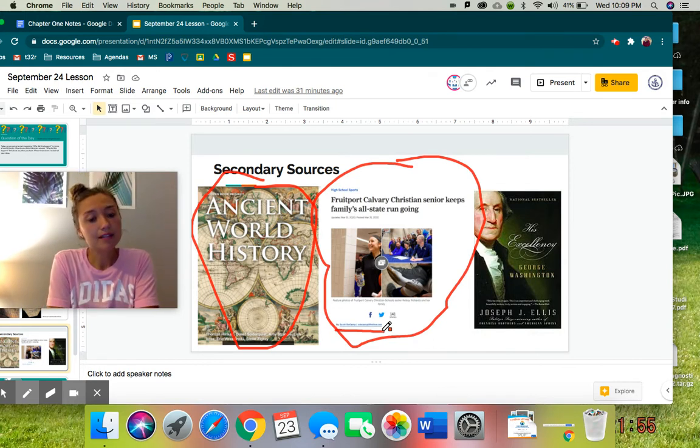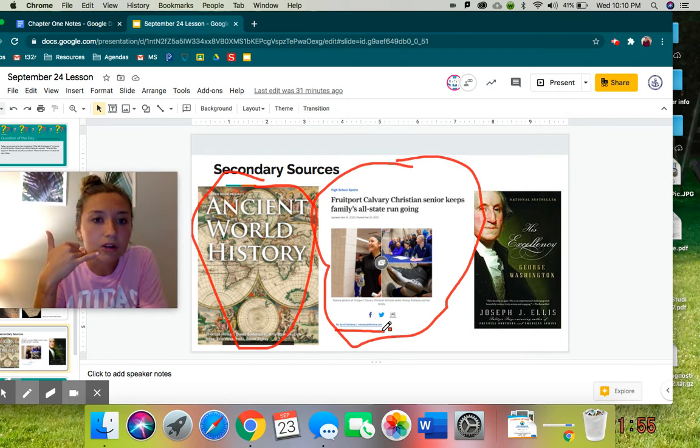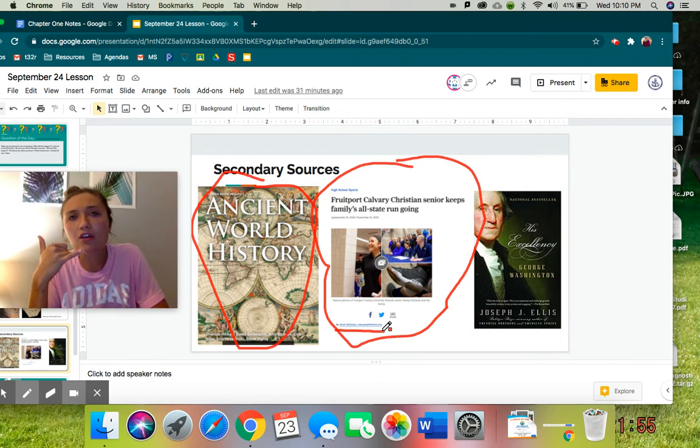So what happens after a sporting event, the reporters, if they aren't at the event, which often they're not, they call up the coach and say, "Oh, hey coach, great win tonight. Could you give us a few quotes? What happened during the game that really gave you guys a boost to finish strong? Or do you have any names of girls that played really well, or any stats worth noting in the article?"